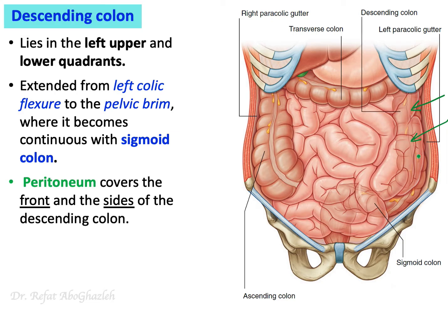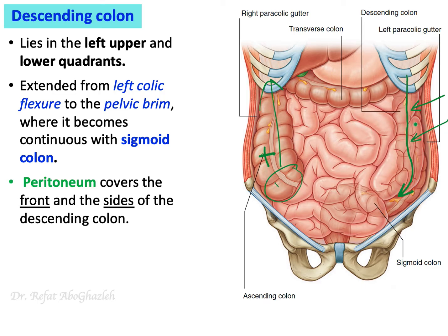The descending colon, as I mentioned, is equal to the cecum and ascending colon. So the descending colon is longer than the ascending colon because again it's equal to the cecum and ascending. And also the relation of the descending colon is similar to the relation of the cecum plus the ascending colon because it's equal to both.